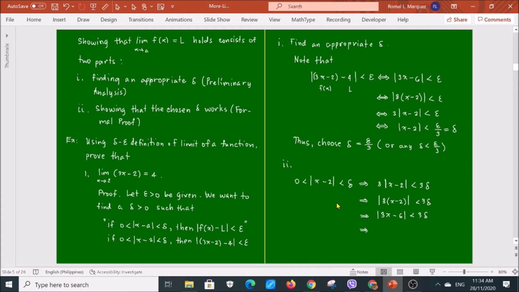This is the hypothesis and I want to come up with this. So 3x minus 6, I can write that as 3x minus 2 minus 4 because negative 6 means negative 2 minus 4. Okay? And remember what is delta? That is epsilon over 3. And this is the absolute value of 3x minus 2 and then minus 4.